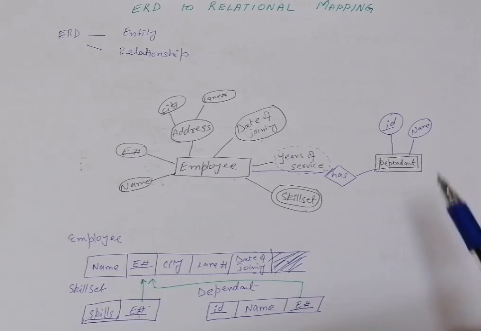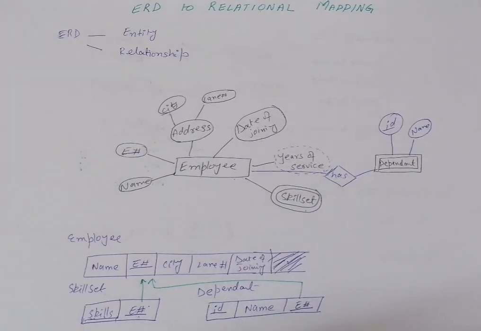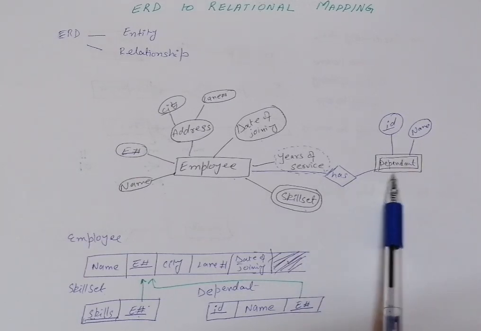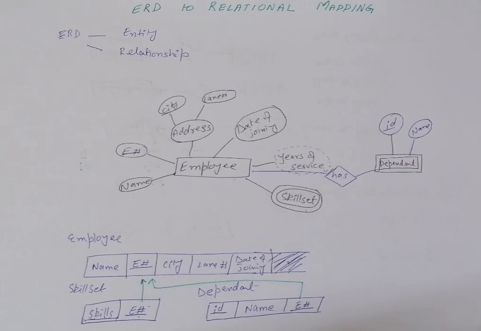Since dependent is a weak entity and depends on employee for its existence, because the dependent of any employee has nothing to do directly with the organization that is hiring that employee, whenever we model a weak entity, we look for the strong entity on which it depends, add that unique identifier to our weak entity's table, and make it part of the primary key of this table. Okay, this is how we map any weak entity or strong entity to our relational model.